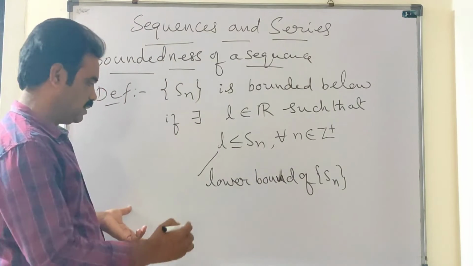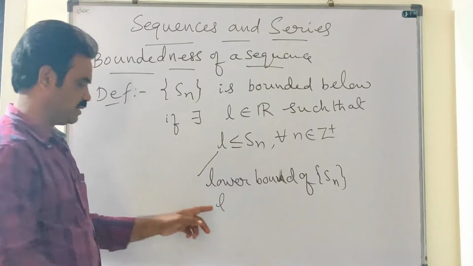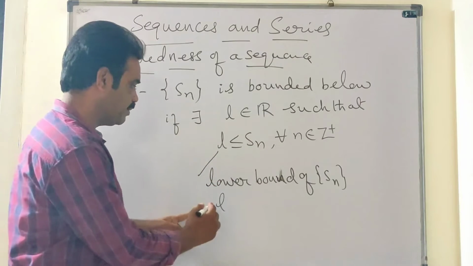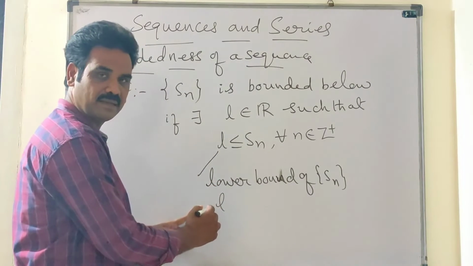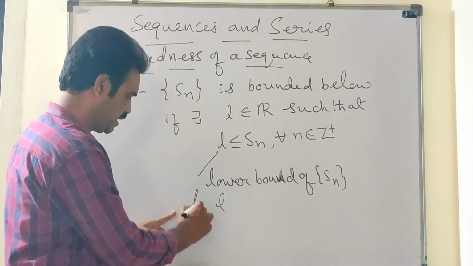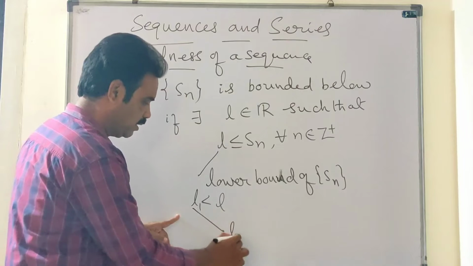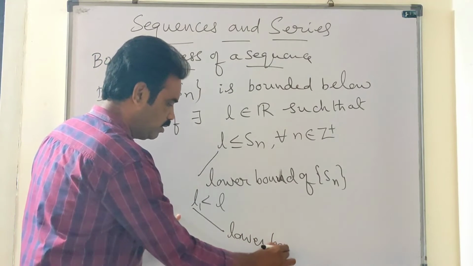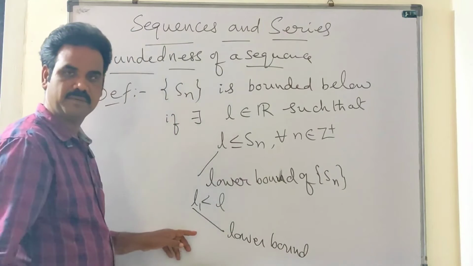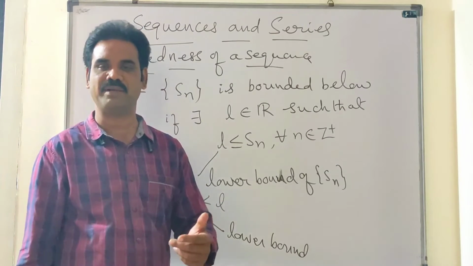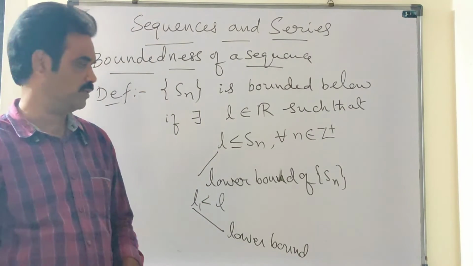If L is any lower bound of the sequence Sn, then any number less than L, suppose L1 less than L, is also a lower bound of the sequence Sn. Understand? If a number is a lower bound, then any number less than that is also a lower bound.